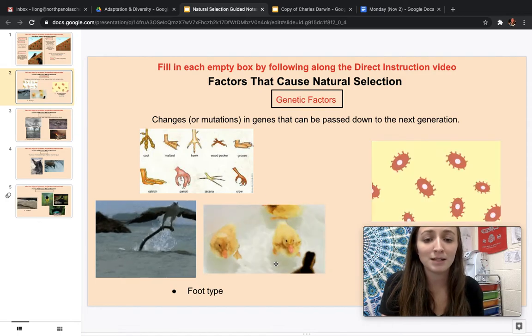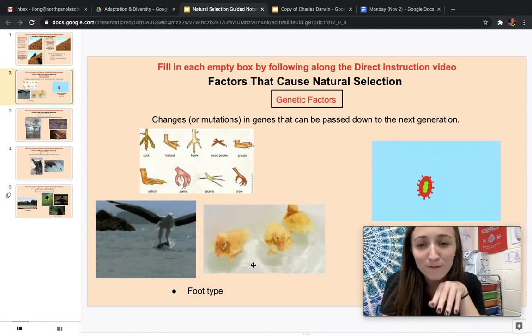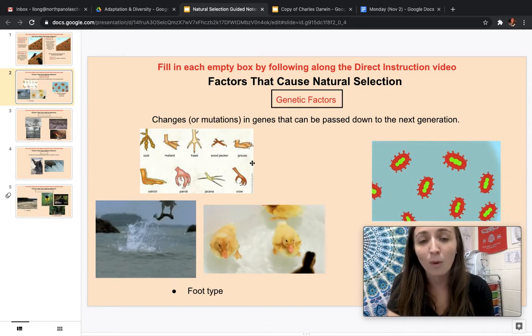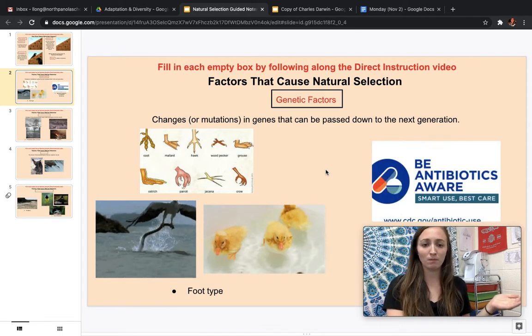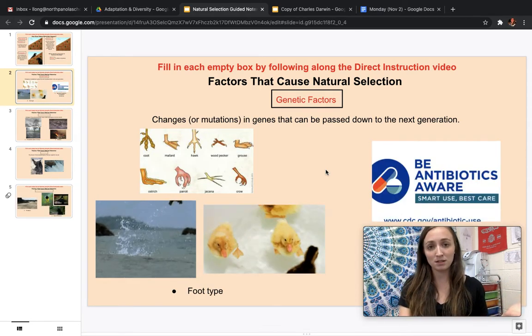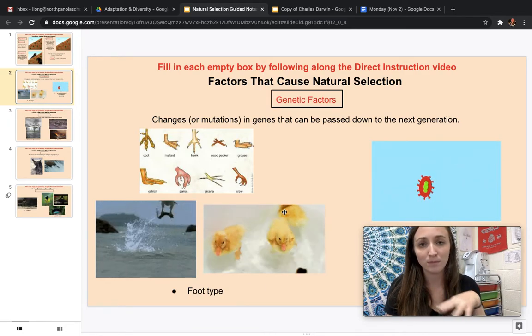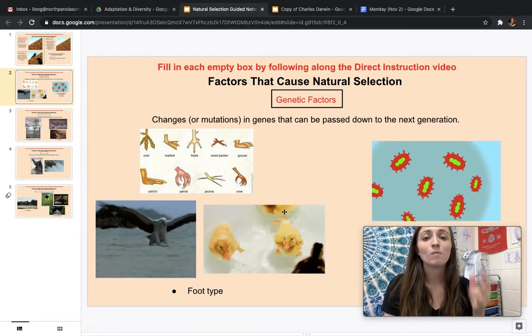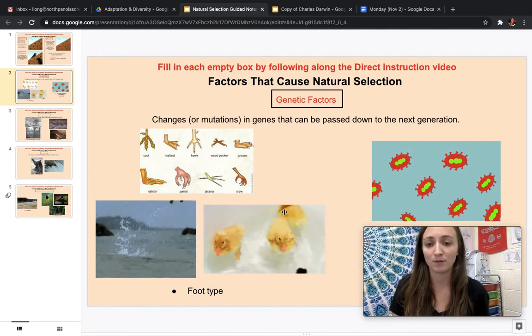So if you think about a duck, they've got those little webbed toes, those cute little feet, and those feet are what help them swim, because not all birds really need to swim, so they don't all need these types of feet. So it is beneficial for ducks to have a webbed foot so they can swim better. So this trait is going to be inherited or passed down to the offspring.